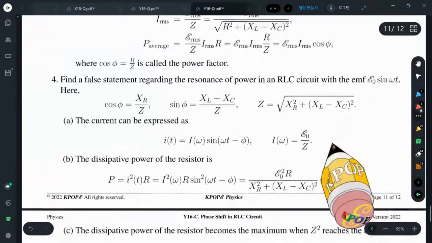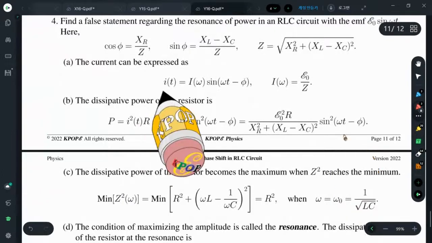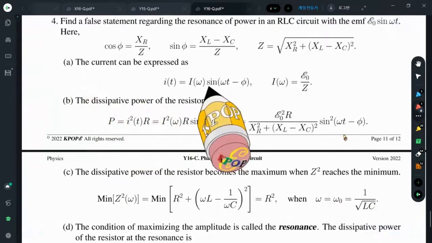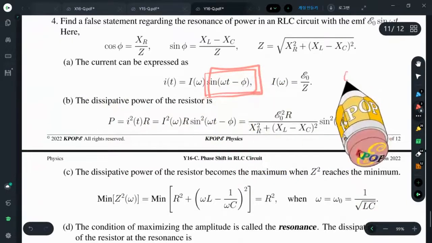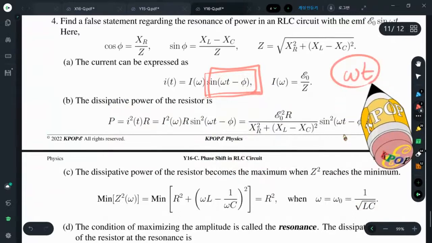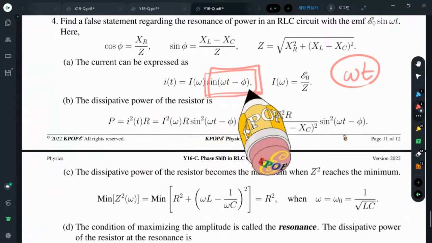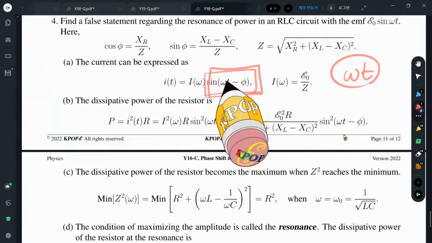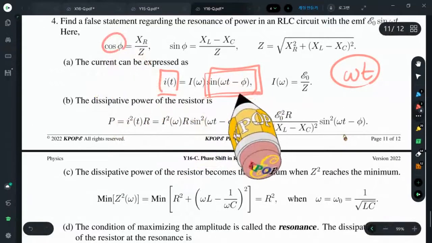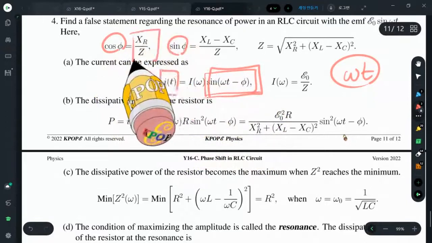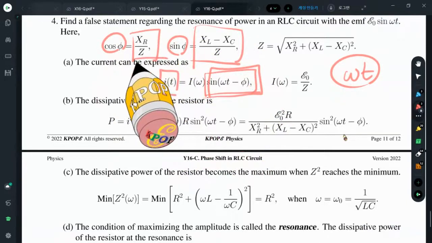Finally, in an RLC circuit, we have been concentrating on the phase difference. The omega t is the potential of the power supply. Omega t minus phi is the phase of the current, and phi's cosine and sine are completely determined by the reactances and impedance.